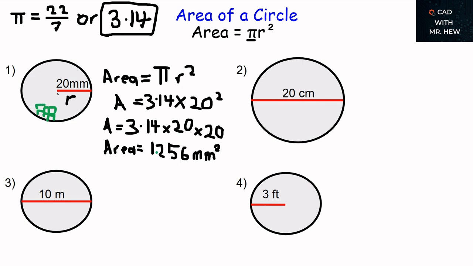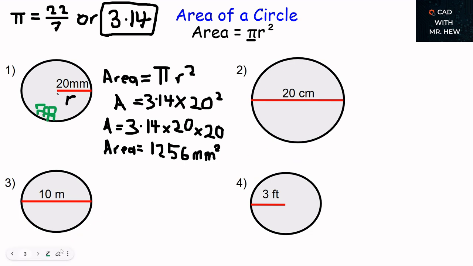What it is saying is that there are 1,256 square units that would fill up this entire circle at this radius of 20 millimeters. So this would be a millimeter square, just like graph paper, and it's how many of those would fill up this flat two-dimensional surface.